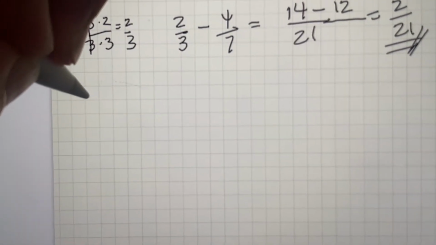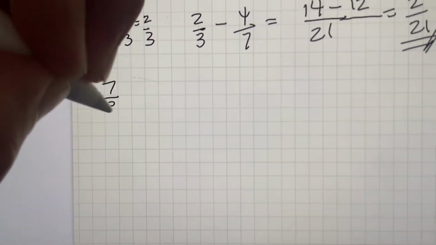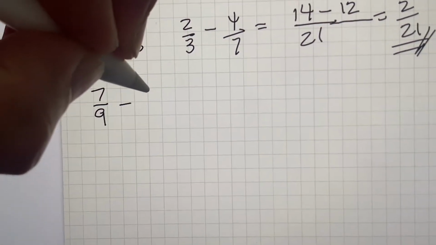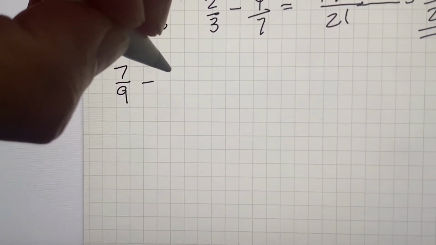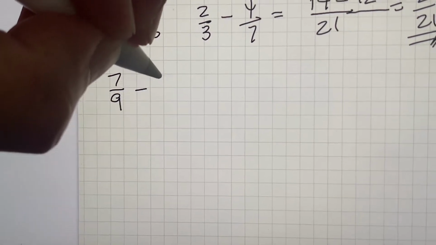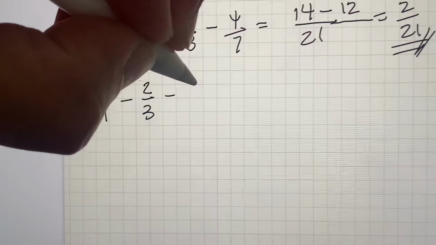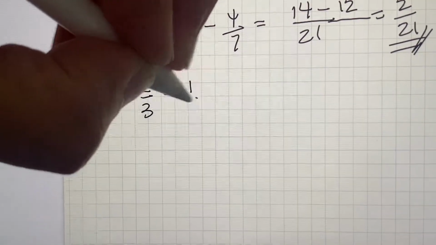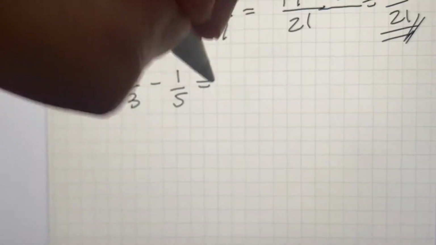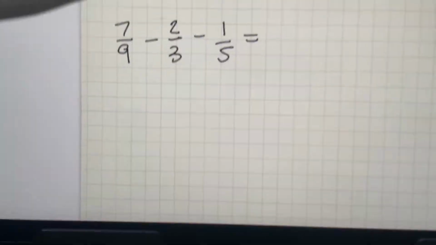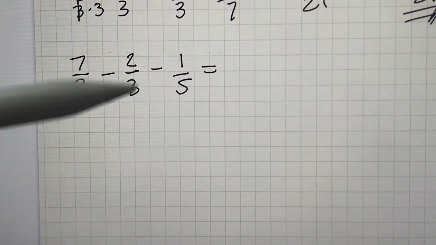Let's say 7/9 minus, or actually let's use 3 fractions in here, minus 2/3 minus 1/5. Okay, so first I check whether or not I can reduce the fractions. I cannot.